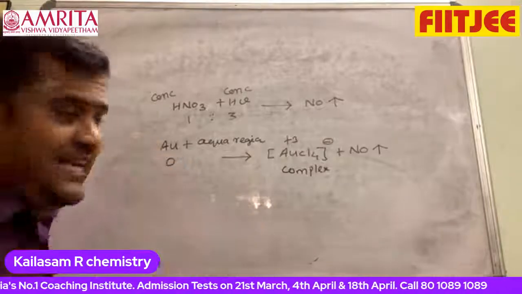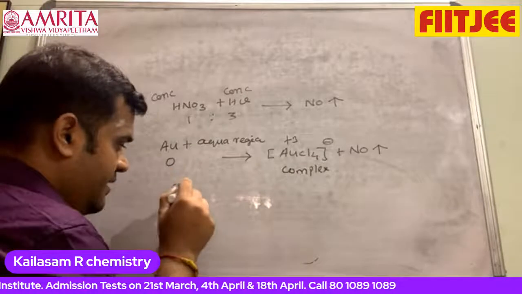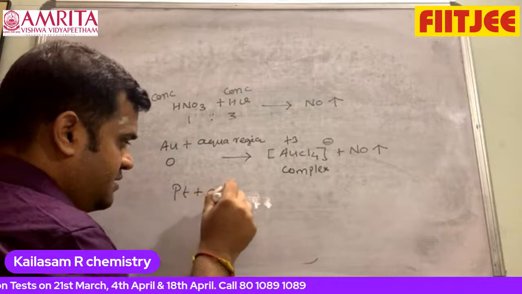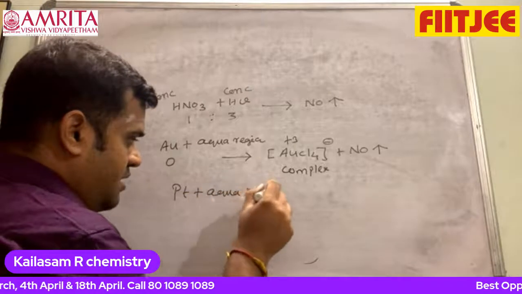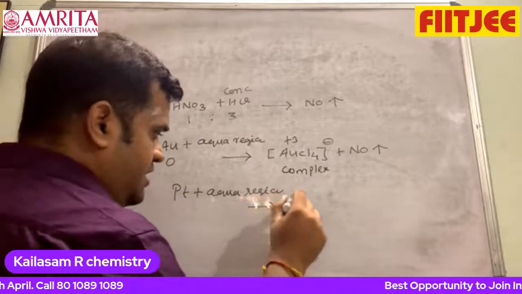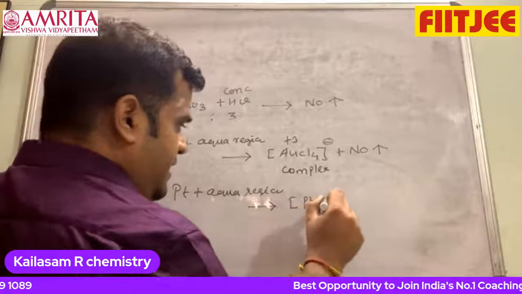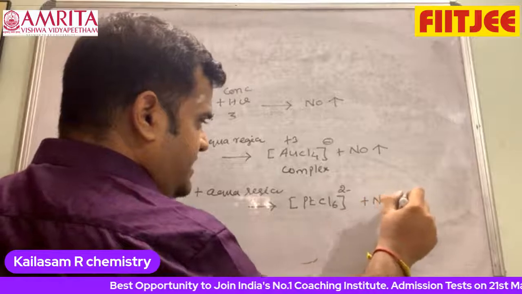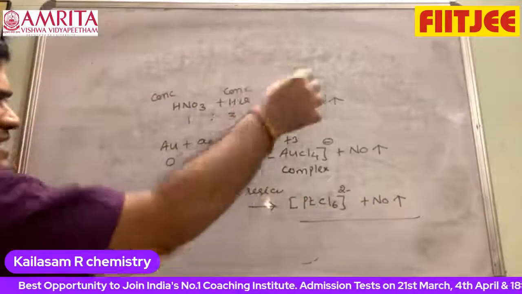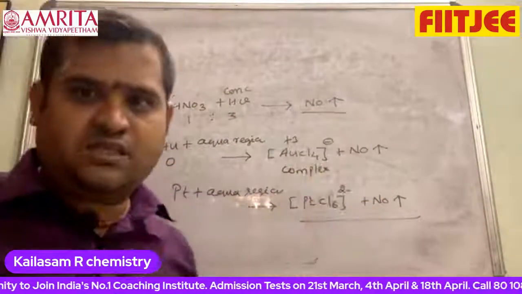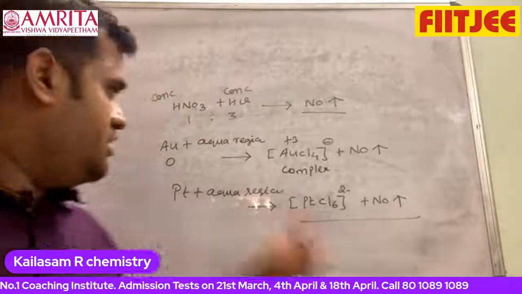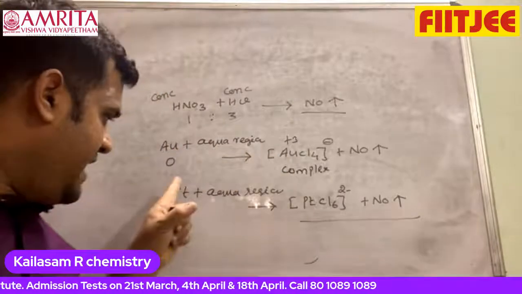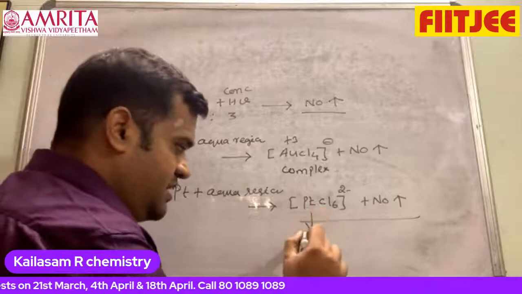Now in the case of platinum, look at this. Pt plus aqua regia gives PtCl6 2 minus plus NO gas liberated. Remember, aqua regia always liberates NO gas. So look at this. The gold becomes +3 state and platinum becomes +4 state.